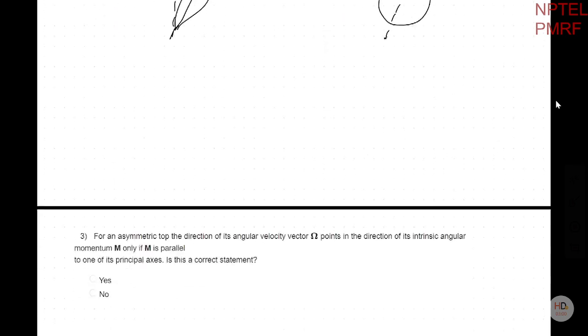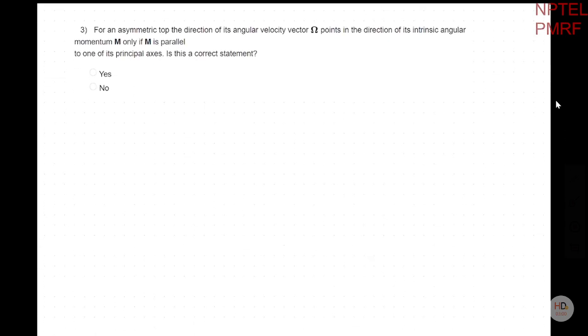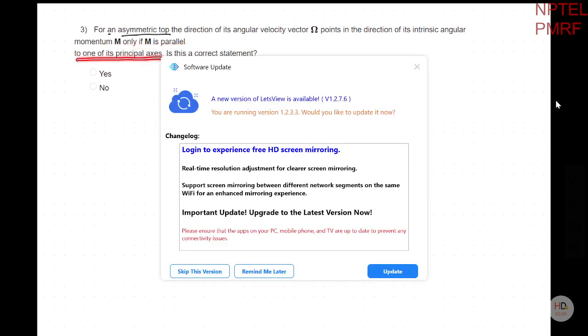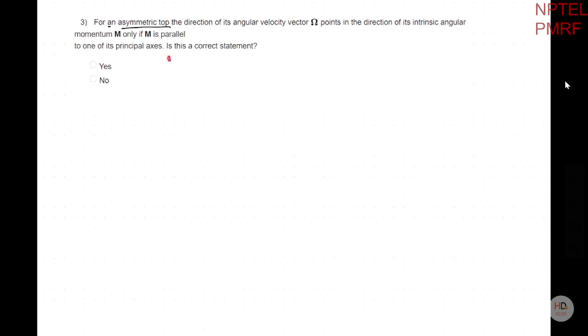Okay, next one is, in an asymmetric top, the direction of its angular velocity omega points in the direction of intrinsic angular momentum M only if M is parallel to one of its principal axes. Is this a correct statement or not?